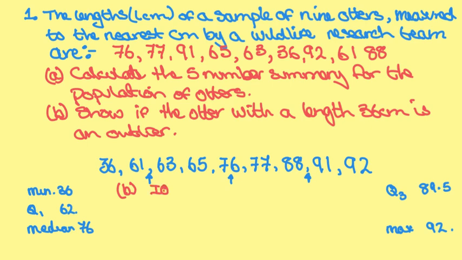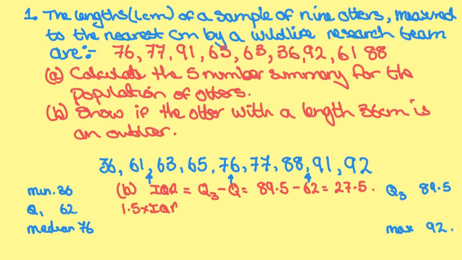For part B, the first thing we need to do is calculate the interquartile range. So the interquartile range is equal to Q3 minus Q1, which is equal to 89.5 minus 62, which is equal to 27.5. We need to work out 1.5 times the interquartile range. Well, that is 1.5 times 27.5, which is equal to 41.25.